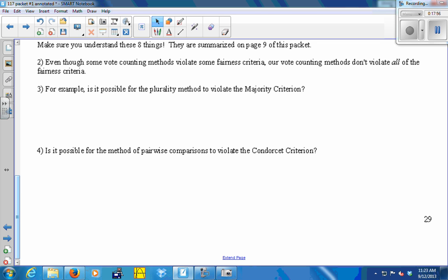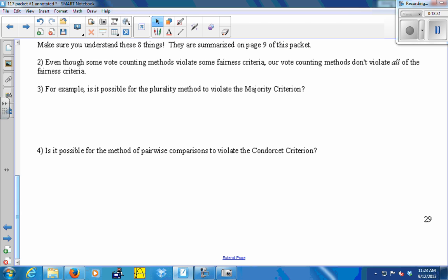True. So you can win without having a majority with the plurality method. Does that mean that we violate the majority criterion? No. Right. The only way to violate the majority criterion is if someone has a majority and loses. So you're right, it's possible to win without a majority, but that doesn't violate the majority criterion. It's definitely a drawback of the plurality method, but it's not a violation of the majority criterion.